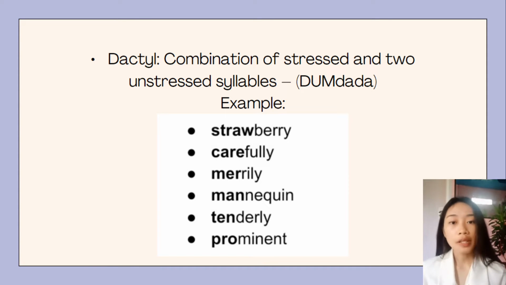However, the syllabic stress pattern for anapests and dactyls is reversed. In an anapest, the final syllable is stressed and preceded by two unstressed syllables, while dactyls stress the first syllable, leaving the second and third syllables unstressed.